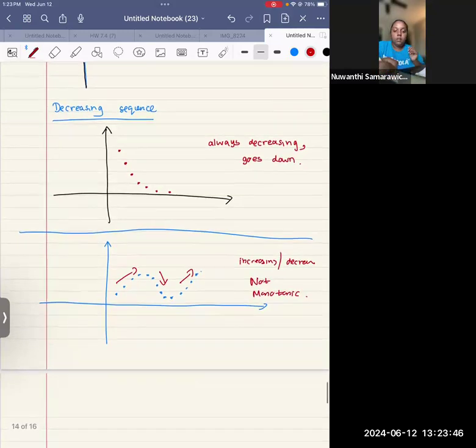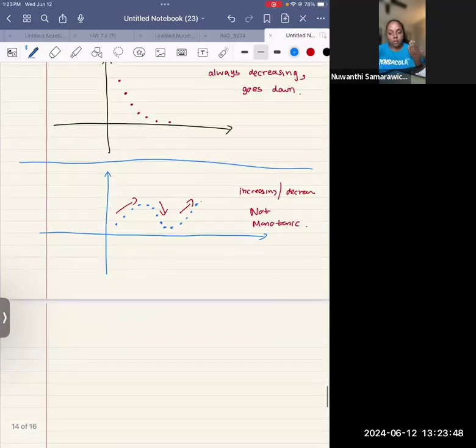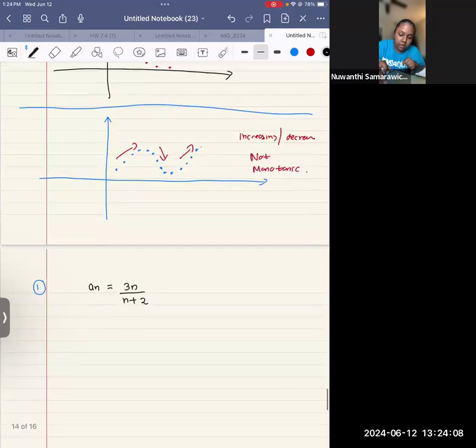Okay, so now let's see, whenever an a sub n term is given, how to check whether it is monotonic or not. So let's do an example. a sub n is equal to 3n divided by n plus 2. Is this a monotonic sequence?